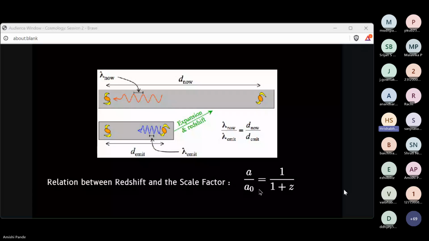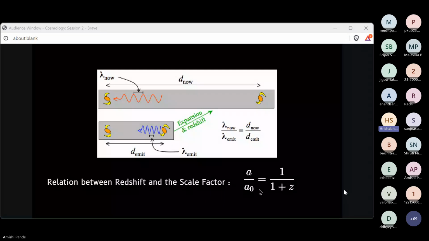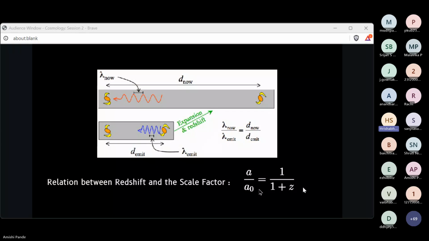That is why I am not going to use time again, but I'm going to define something here that I will be using from now on. As it expands, the ratio of the wavelengths is exactly equal to the ratio of the distance or time, whatever. And that gives us the relation between redshift and scale factor, which is a by a naught is equal to 1 by 1 plus z.